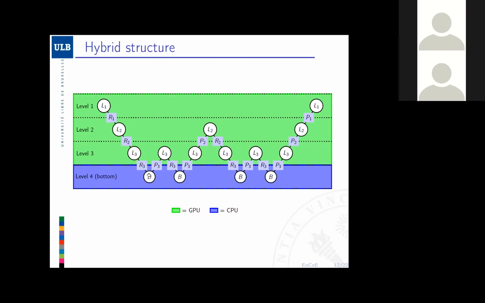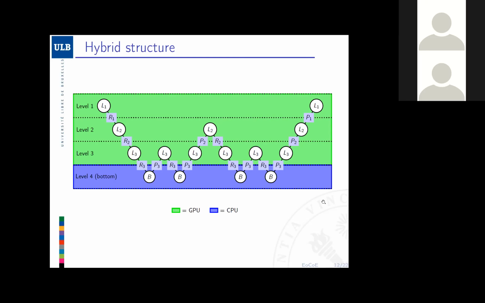We solve the bottom system with either a direct solver, or in our case, we approximate the solution with a sequential AGMG. And at the prolongation step, we copy back to the device memory of the GPU in order to continue computing these operations on GPU. So we have a hybrid structure, and it's not only GPU.